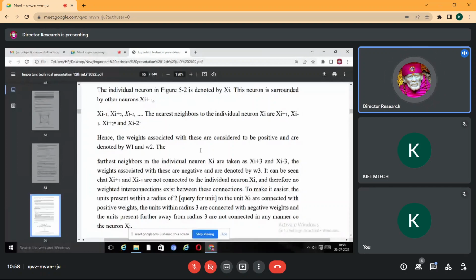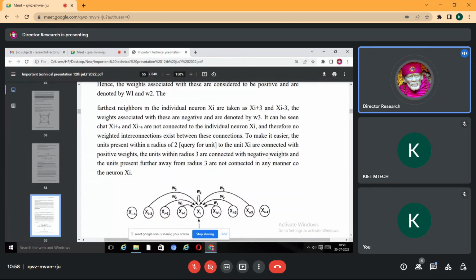The weights associated with these, Xi plus 4 and Xi minus 4, are not connected to the individual neuron Xi, and therefore no weighted interconnections exist between these connections.